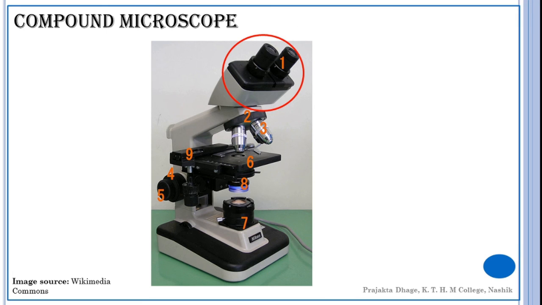Here, in the red part, you can adjust the interpupillary distance depending upon the individual's facial proportion. The oculars also have the provision for focusing separately as required for each eye. This can be done by adjusting the length of the individual ocular tube.